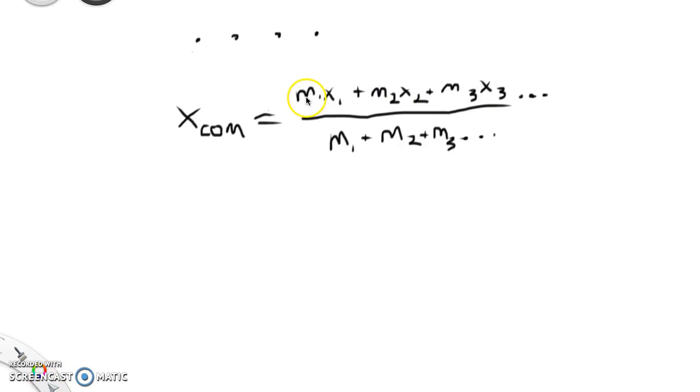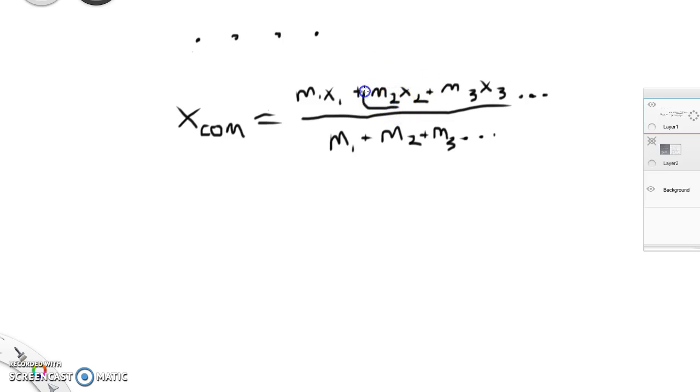We take each chunk of mass, multiply by its position, and continue to add it to all the other chunks of mass multiplied by their position, on and on for all the pieces in the system, and then we divide by the total mass of the system. What this does is tell us the average location of the mass. Let's say this object here, M2, was more massive than everything else.